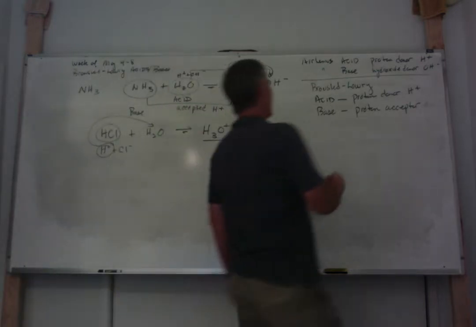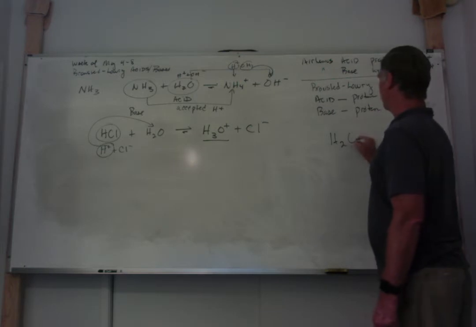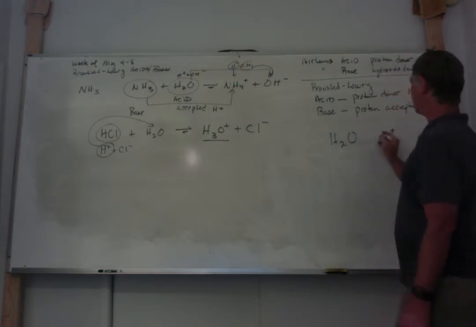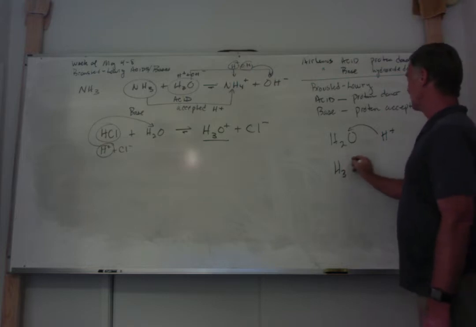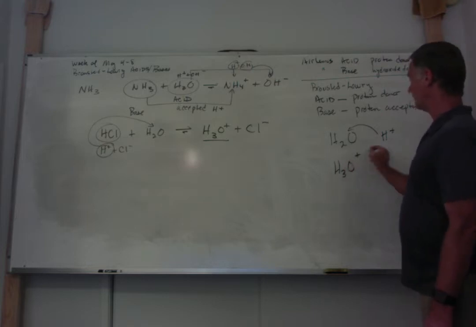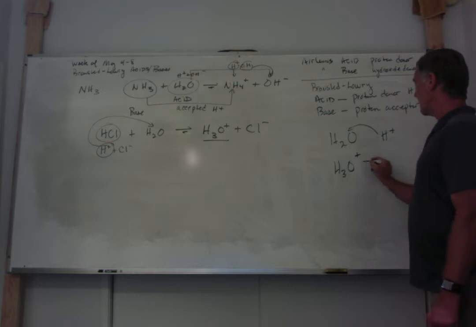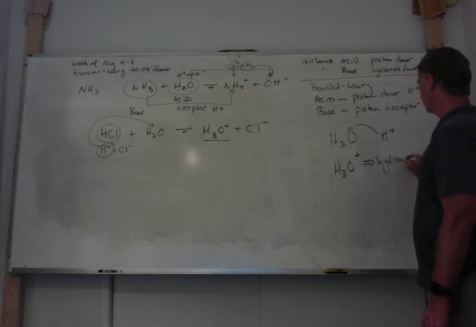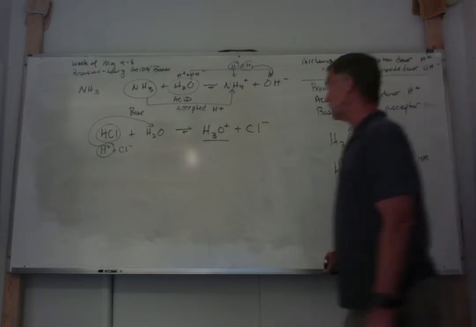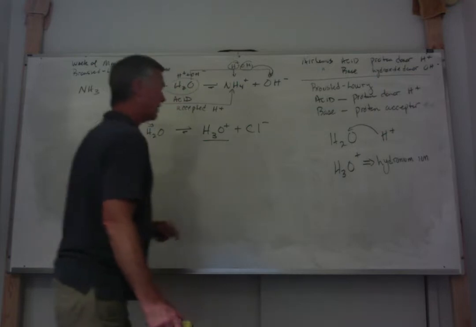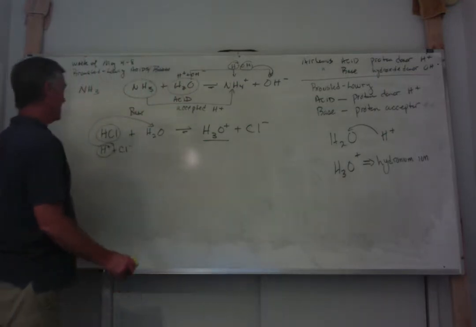So if I have H2O and I have an H+ and this H+ attaches, look what happens. I have 3 hydrogens, 1 oxygen, and I have a positive 1 charge. This ion is called the hydronium ion. And that's actually fairly important. So OH- is the hydroxide ion, and this is the hydronium ion.